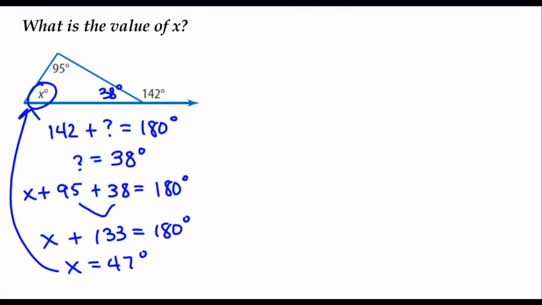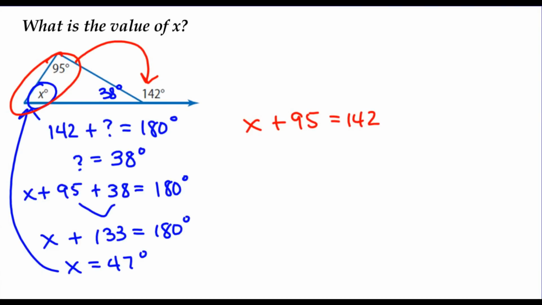Or I know that these two angles must add up to equal that one exterior angle. They are the two opposite angles that are not included in that exterior angle. So I also know that x plus 95 degrees has to equal 142. And if you solve that, x equals 47 degrees.